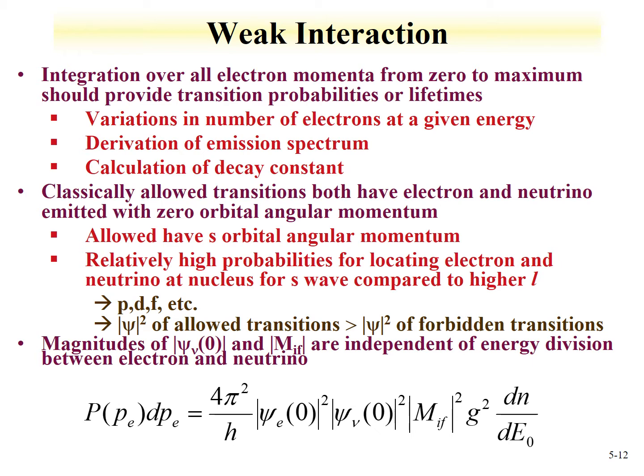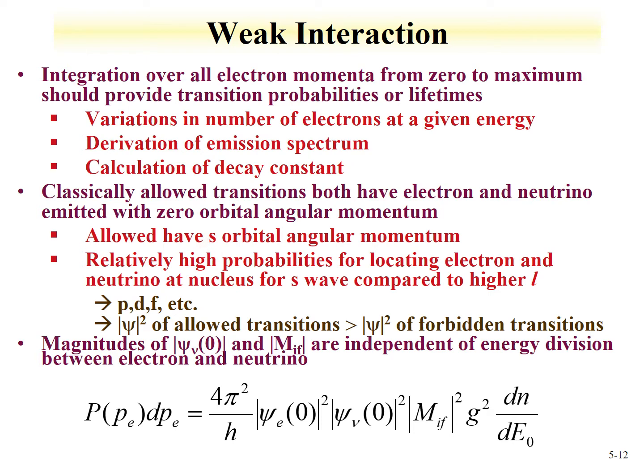Now, classically allowed transitions, in other words, where I have 0 orbital angular momentum change, those that have s orbitals, are allowed transitions. There are higher probabilities for locating the electron and neutrino at the nucleus for the S wave function compared to the higher L wave functions, so P, D, F, etc. These can be observed, but they won't be as allowed as the S wave function.